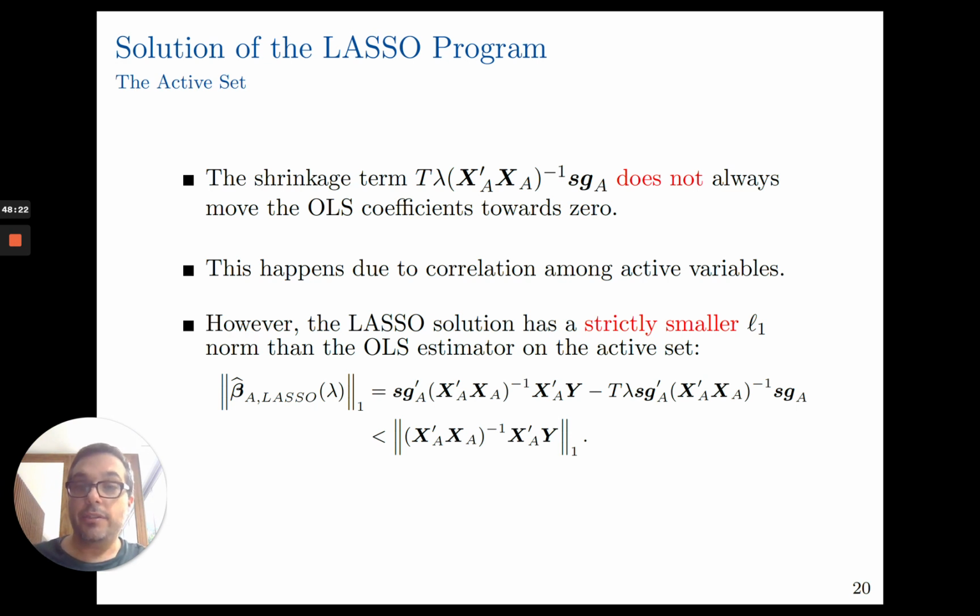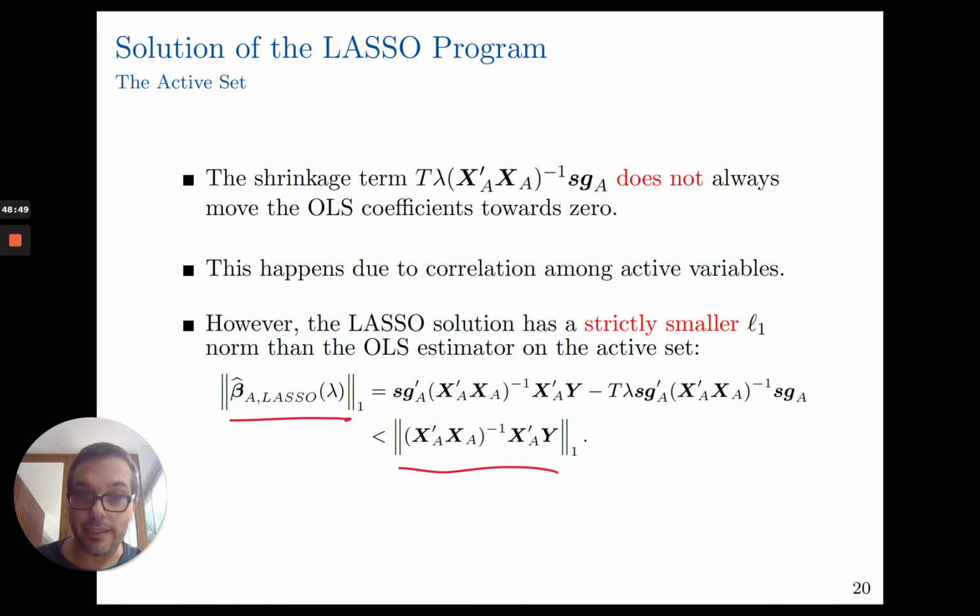However, as I mentioned, the lasso solution will deliver strictly smaller L1 norm than the OLS estimator on the active set, because we can show that the L1 norm of beta hat A will be less than the L1 norm of (XA prime XA) inverse XA prime Y. Why?